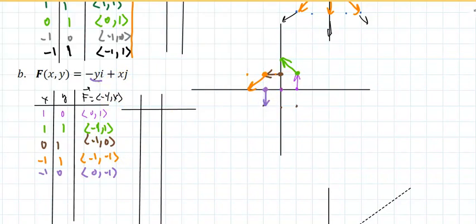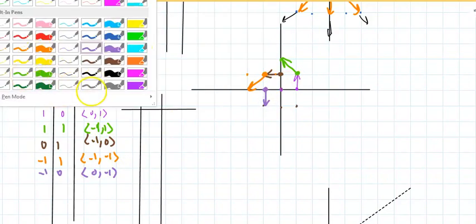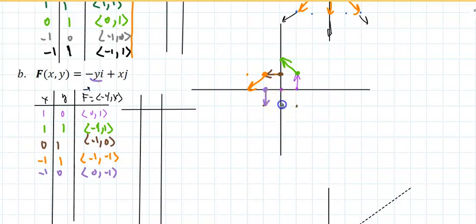Okay, couple more to go. What if I decided to run down to 0, negative 1? 0, negative 1, that is 1, 0. Okay, yeah, I'm certain right now it is circulating.